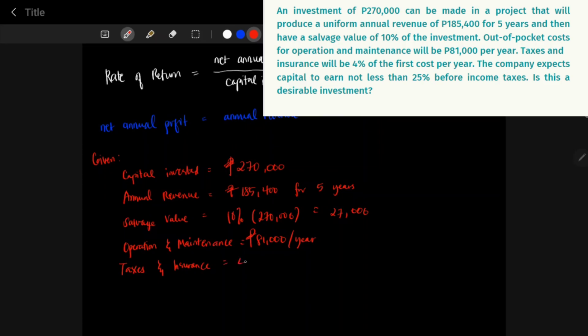It would be 4% of the first cost per year. So 4% of 270,000 per year is 10,800 per year.